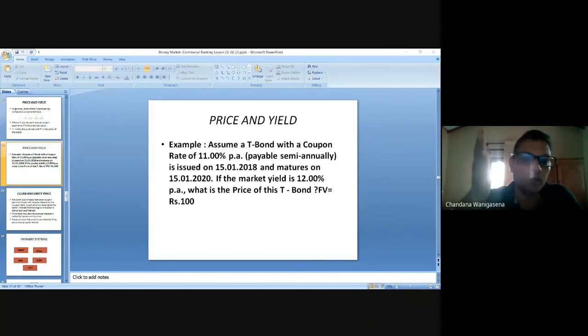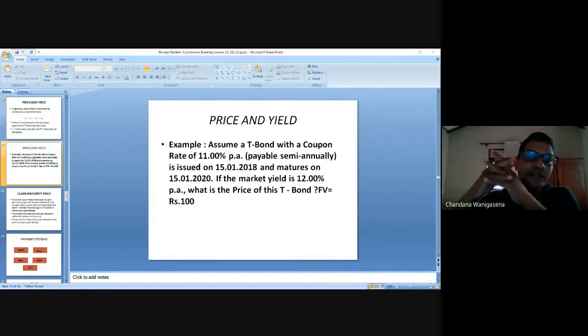This is all about bond price calculation: it is the present value of all cash flows. There are two kinds of cash flows. One is the coupon, what we get every 6 months, and on the maturity date we get the coupon plus the face value of 100 rupees. The coupon is 5.5 for one year, 11, so every 6 months we get 5.5. That's a half. Every 6 months we have that cash flow and we take the present value.